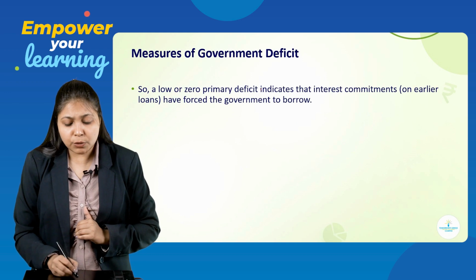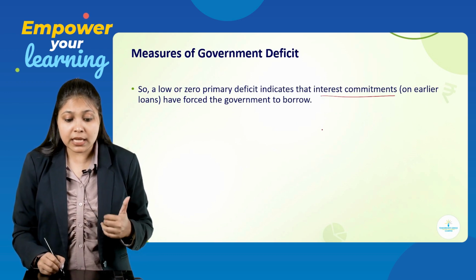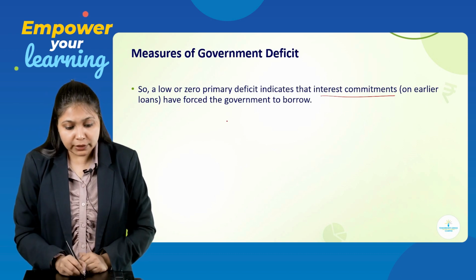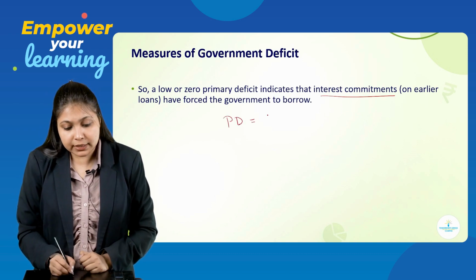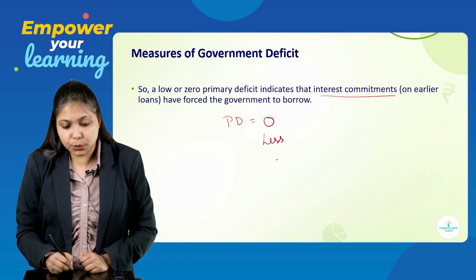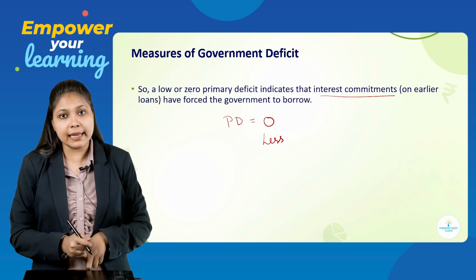A low or zero primary deficit indicates that interest commitments on earlier loans have forced the government to borrow. Now, if your primary deficit is zero or very less, two situations: your primary deficit can either be zero, or it can be less.